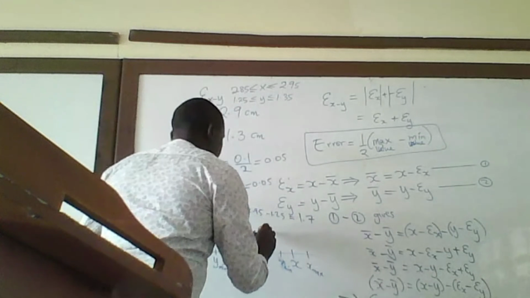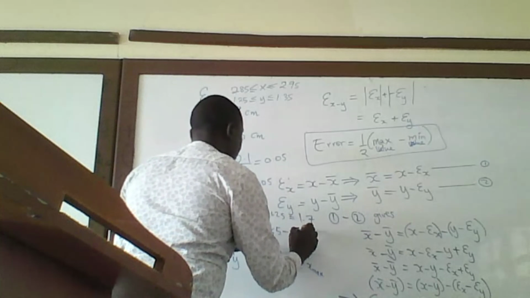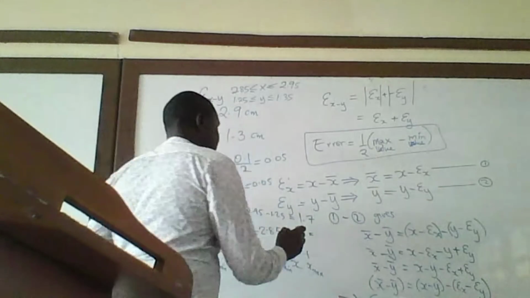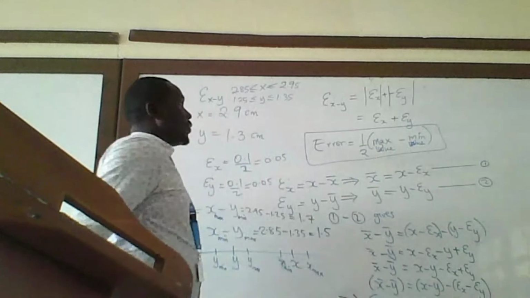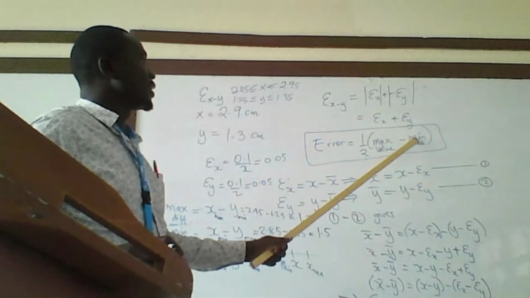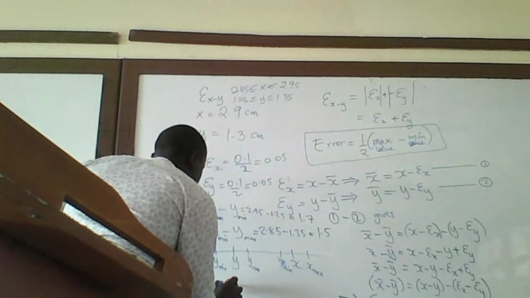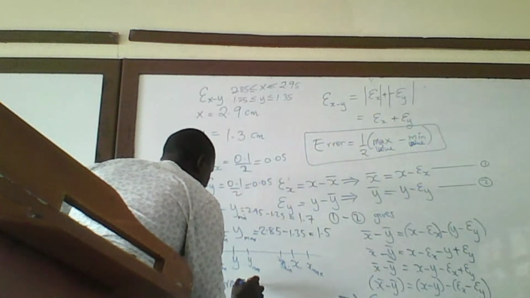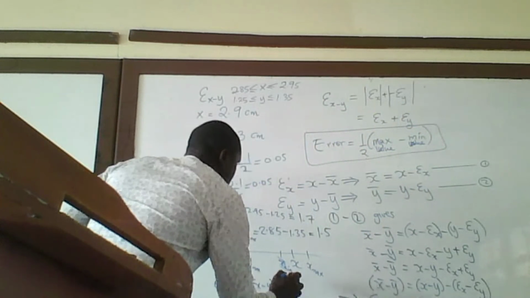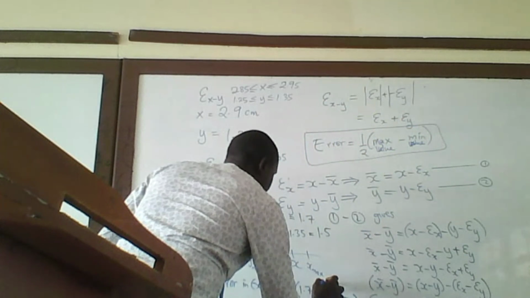So x min is 2.85, y max is 1.35, giving 1.5. Then we can use the general error calculation, max minus min divided by 2. So the error in x minus y will be a half of the maximum, which is 1.7, minus the minimum, 1.5.